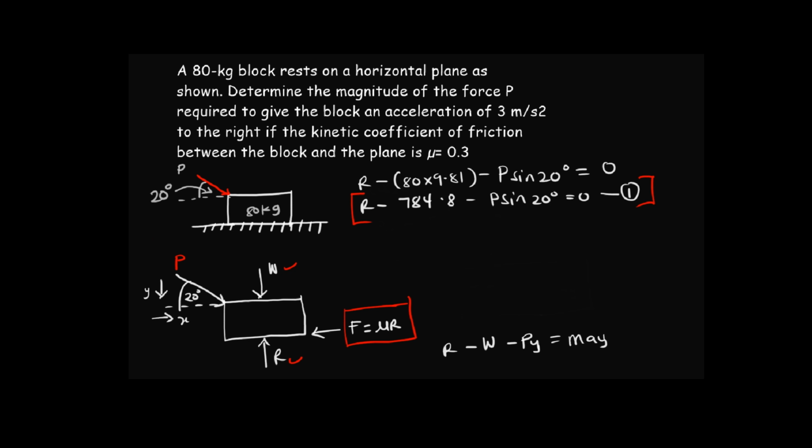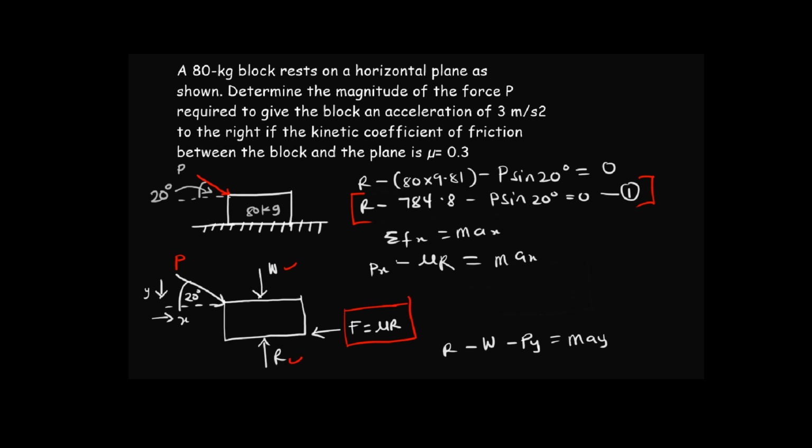Now you're going to consider the sum of forces in the x direction. The sum of forces in the x direction should be equal to mass times the acceleration in the x direction. So for the sum of forces in the x direction, you're going to have Px minus the frictional force, which is coefficient of friction times the normal, and it is equated to mass times acceleration in the x-axis direction.